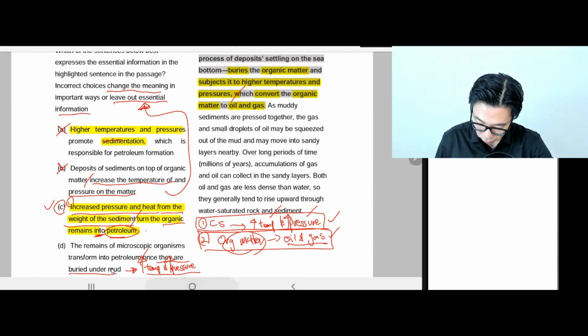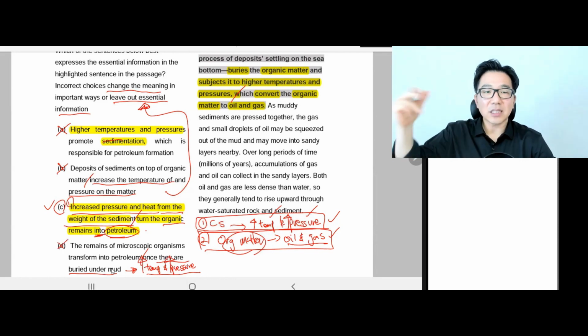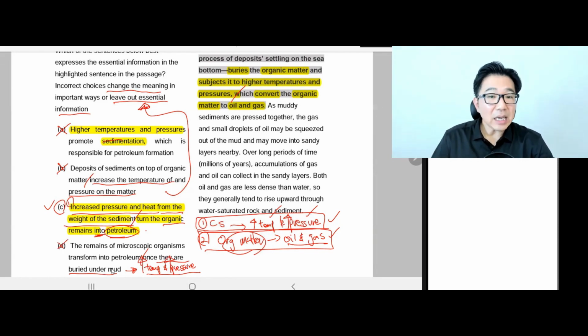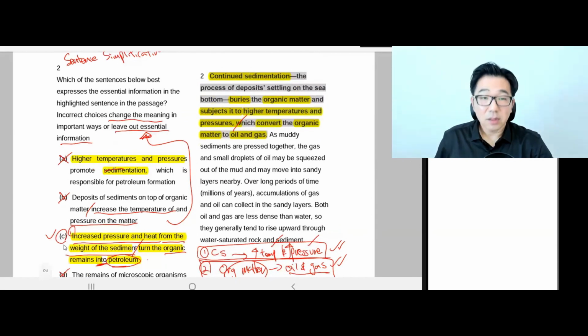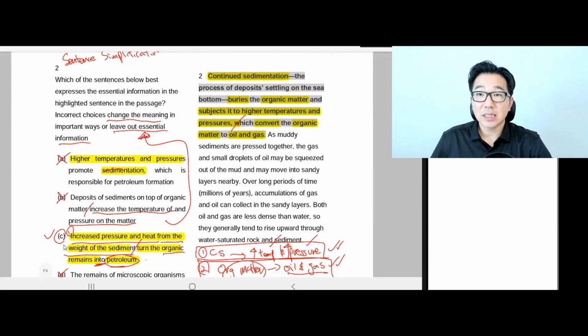So opposite to B, but it's still wrong because D may have the second part, but it does not cover the first part of the sentence. So D is wrong as well. Okay. So question 2, the answer is C.